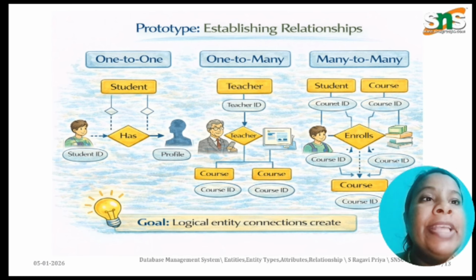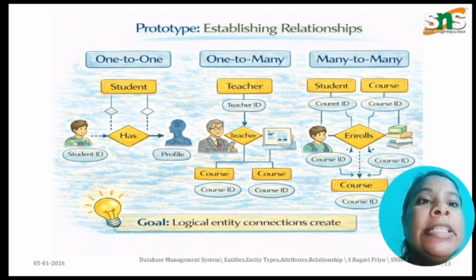So prototype, establishing relationships. We have three types of relationship. One is one-to-one, next is one-to-many, and third is many-to-many. In this one-to-one example, a student has a profile or a student ID.